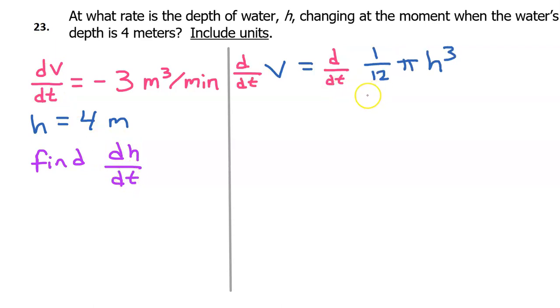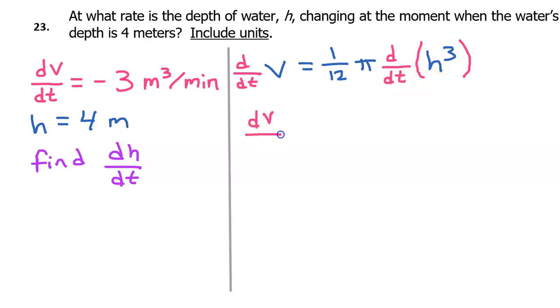When you're finding the derivative and there is a constant in the front, you can just leave the constant alone and go ahead and find the derivative of whatever comes next. So really, this is what we're doing. On the left side, we have dV/dt, and then we have the constant, which I'm just going to write as pi over 12. The derivative of h to the 3rd power is 3h squared.